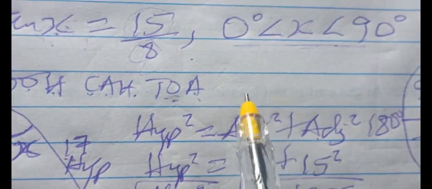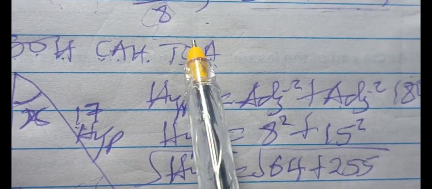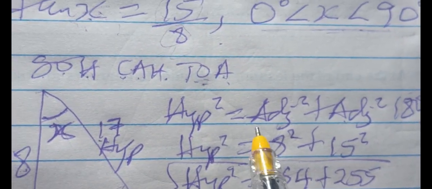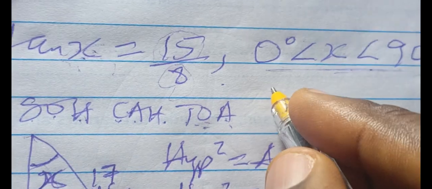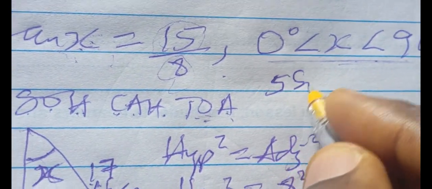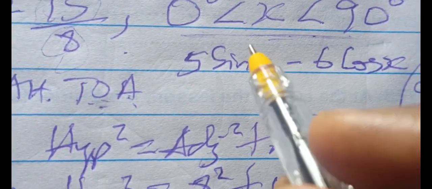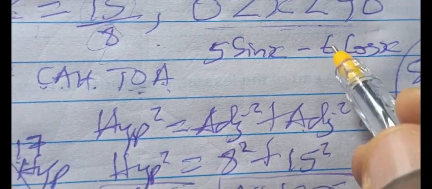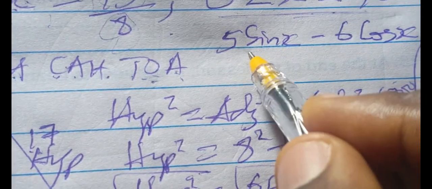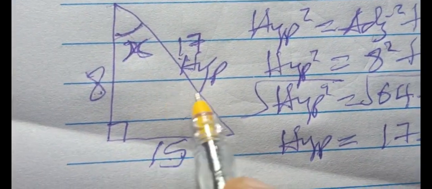Now we can find what the question asks: 5 sine x minus 6 cos x. We need sine x and we also need cos x. From here, we can get our sine.